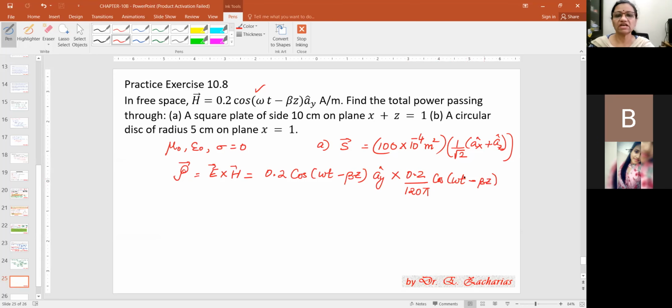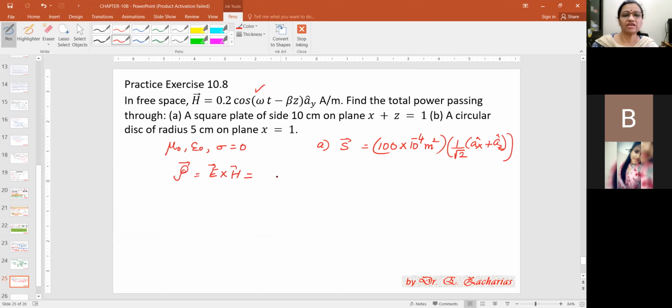The direction you have to get just using a_E cross a_H equal to a_K. Sorry, there is a small mistake here. What we have is the magnetic field, not the electric field.